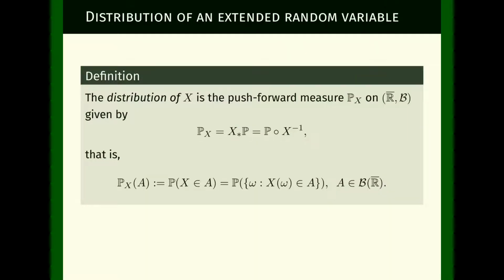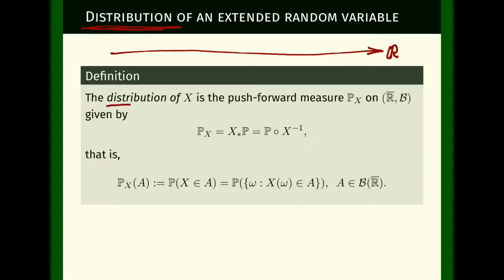We now discuss what is the distribution of an extended random variable. It turns out the distribution of the random variable is just a probability measure on the real line, which is induced by that random variable. And we already have the terminology and the tools to define that more rigorously.